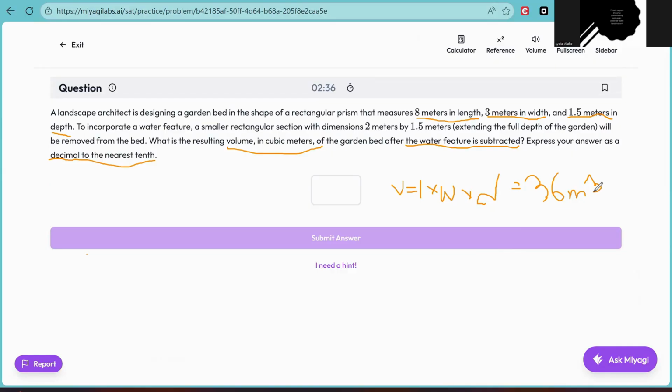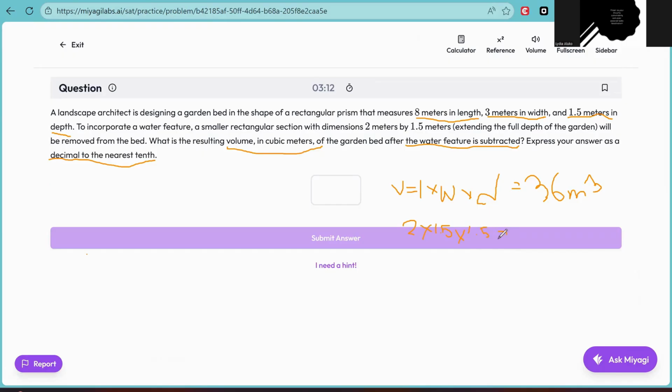So our length subscript 2 equals 2 m. Okay. And then the width will be 1.5 and the depth will be 1.5. The reason why I'm saying it is because it's going to be the same as the garden. The depth will be the same as the garden. So we multiply 2 times 1.5 times another 1.5.